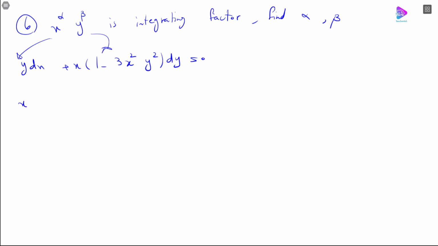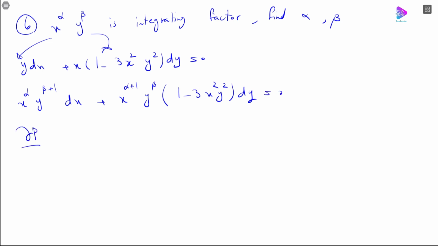So I'm going to have x to the power of alpha, y to the power of beta plus 1, dx plus x to the power of alpha plus 1, y to the power of beta, 1 minus 3x squared y squared dy equal to 0.